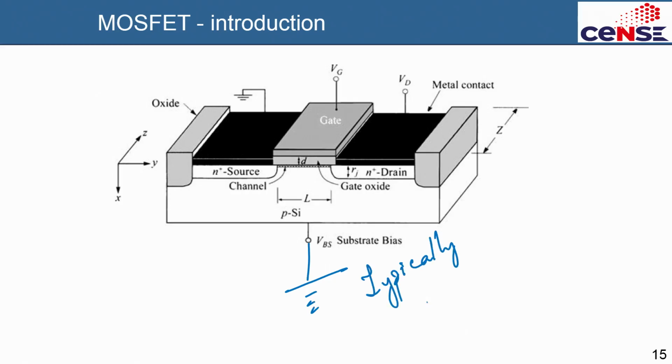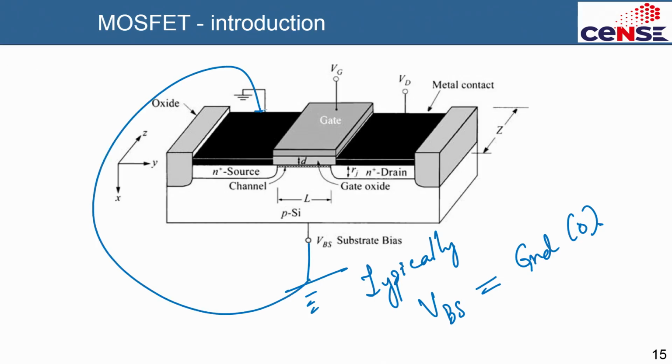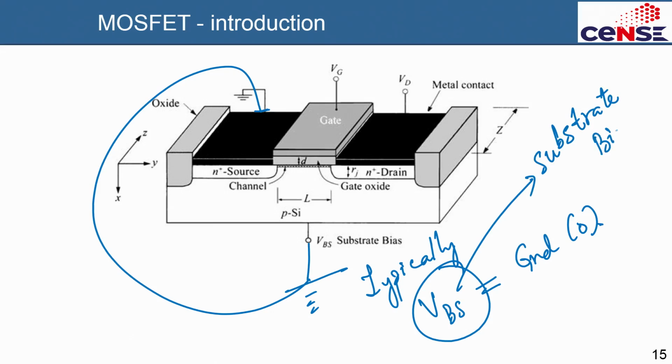This substrate voltage, called VBS, is typically grounded, 0. It is essentially shorted here and then grounded. But it may not be grounded also. If it is not grounded, what is the effect of this substrate bias? If you in fact apply some voltage here, what will be the effect of substrate bias on the threshold voltage?